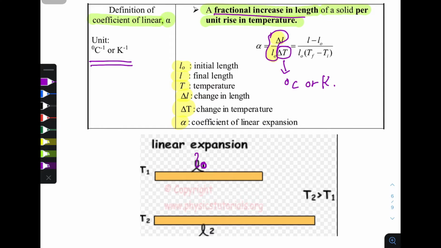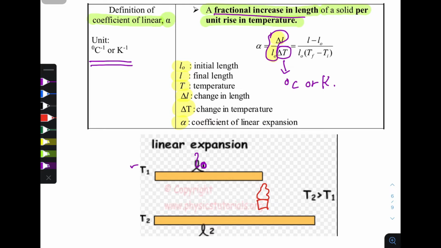Okay, so now what happen? Saya akan letak, mungkin you punya initial condition ni dekat L0 ni ya. Kita akan dapat temperature-nya adalah T1. Okay, kita nak dia kembang. Nak kembang, kita kena buat apa? Kita kena panaskan. Letaklah api kat sini, kita bakarlah dia.